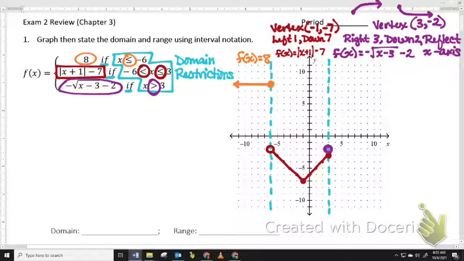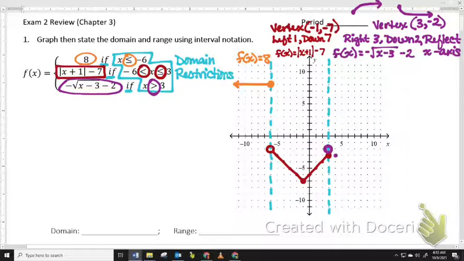Parent function, remember, it's the square root of our x values. So if I were to substitute 4 into this function, I would have 4 minus 3. That would give me a 1 underneath my radical. So I'd have negative 1 minus 2. It's going to come down here to negative 3.